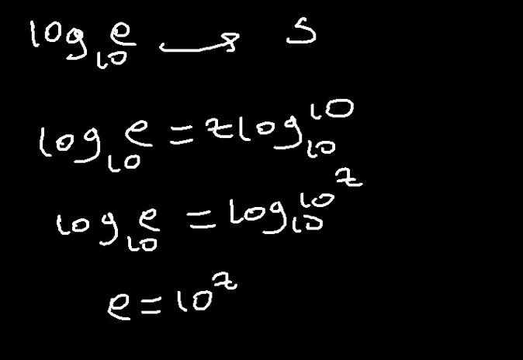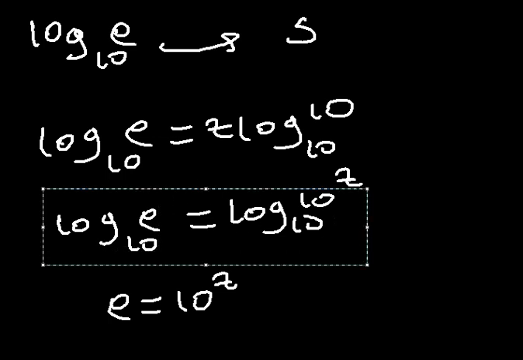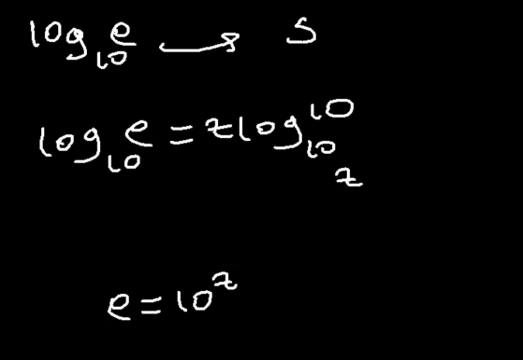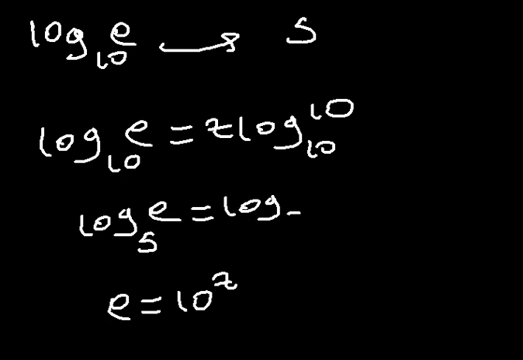Now let's introduce the log of the base of our interest on both sides. This gives log 5 of a, which is equal to log 5 of 10 to the power z.